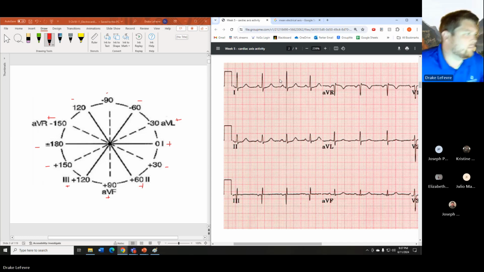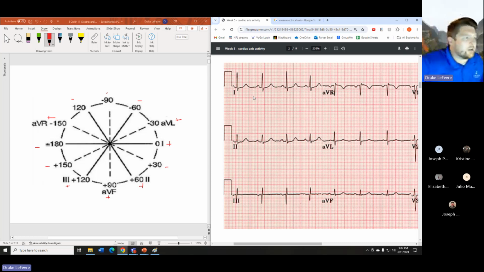So we look at each of these leads and we determine which ones are positive, which ones are negative, and how positive or how negative they are. To do that, we typically just look at the QRS complex.